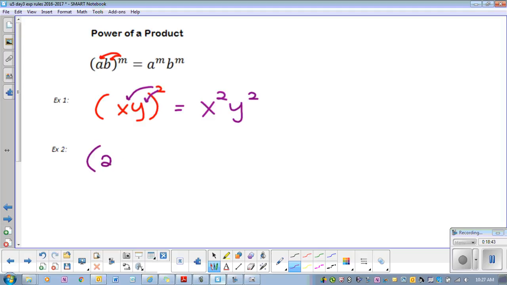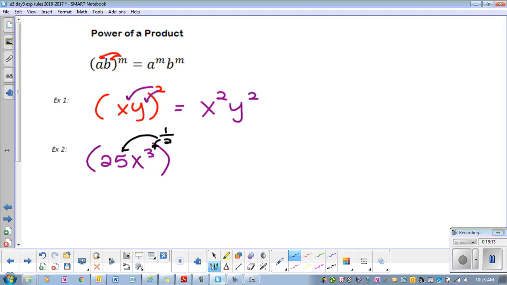Let's look at something like this. What if I had 25x to the third, all to the 1/2 power? That's Oprah, parentheses to the 1/2 power. You get a 1/2 power, and you get a 1/2 power. But the numbers actually get the exponents.